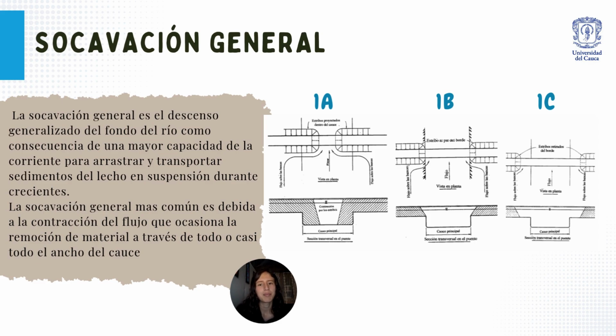Now I'll talk more specifically about general scour. General scour is the widespread lowering of the riverbed, mainly caused by the river's increased ability to carry sediments during floods. This process occurs along the entire river and is not necessarily related to human structures like bridges. The bed level may decrease uniformly or unevenly across the river section.